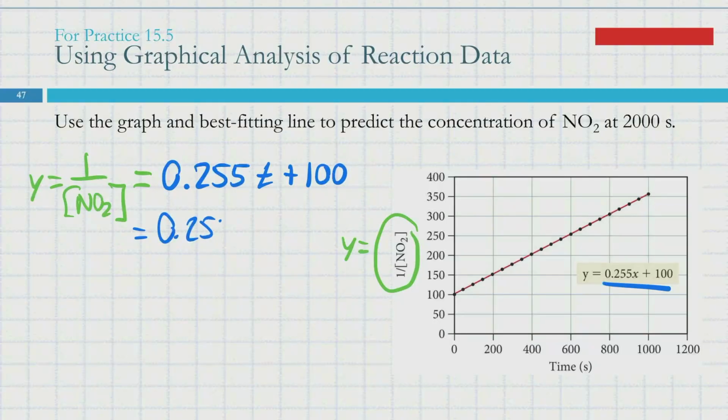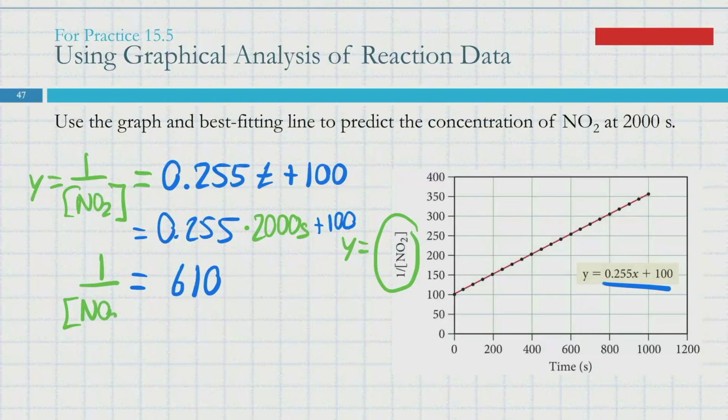So plug in 2,000 seconds for time, and we can evaluate the right side. This comes out as 610. And our left side is still 1 over the concentration of NO2.